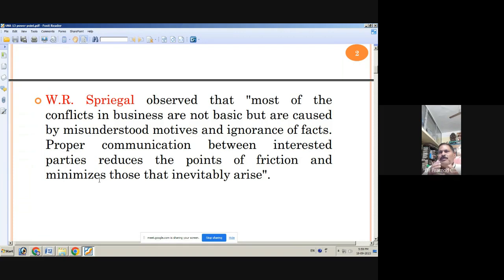If there is proper communication between the two interested parties, then it will reduce friction, minimize conflict, and bring better communication. So always in any organization, we must minimize conflict.